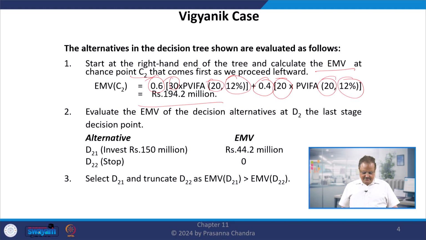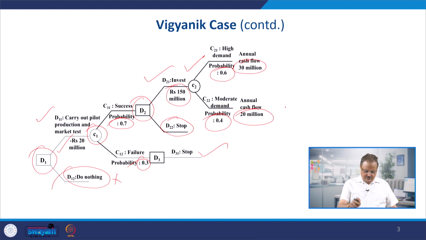And finally, we will have to evaluate this chance with the help of the decision we are going to take here. So we have to now evaluate the EMV of the decision alternative at D2. So what was D2?